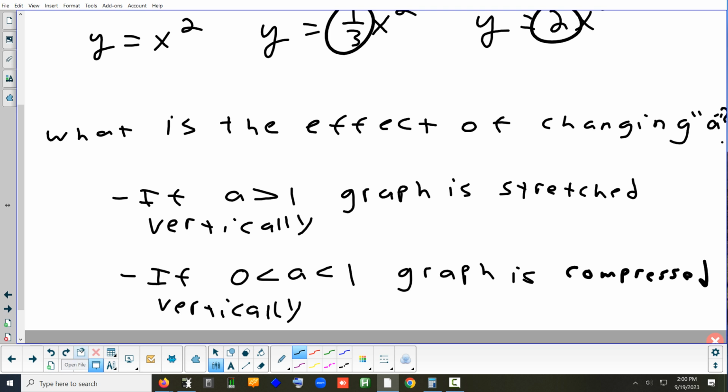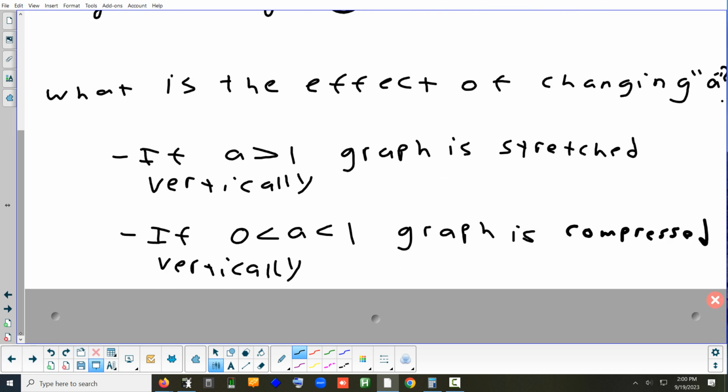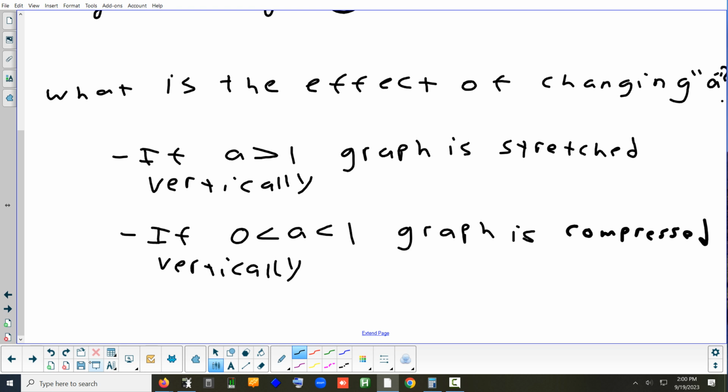So we describe this by either saying the graph stretched vertically or compressed vertically. That's what happens when you change the number in front of x squared. Any question on that?